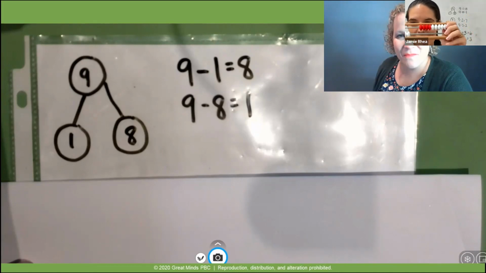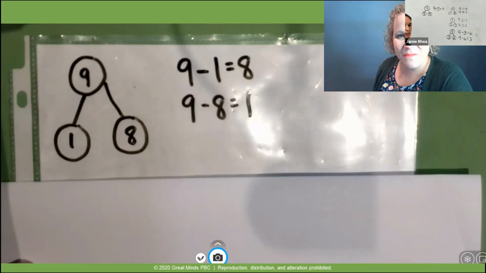I have my 9. Let's take 4 away. How many did I have left? 5. I had 5. So I'm going to put that over here. 9 minus 5 equals 4.